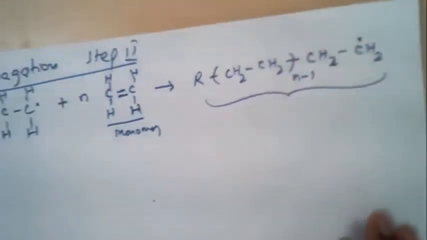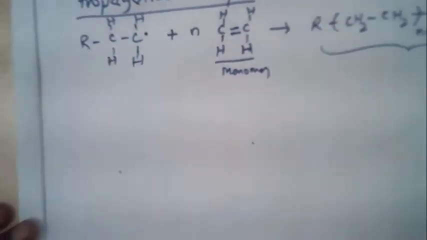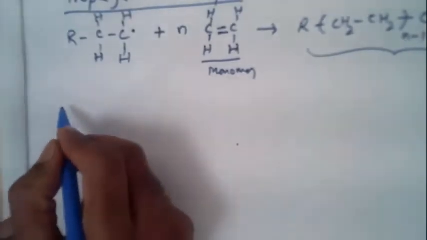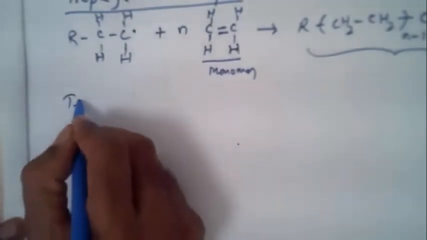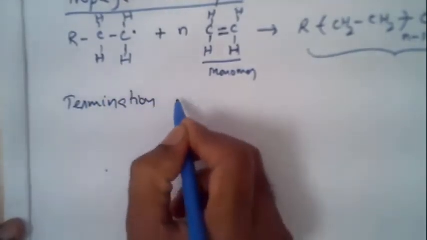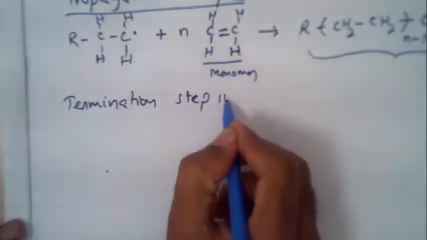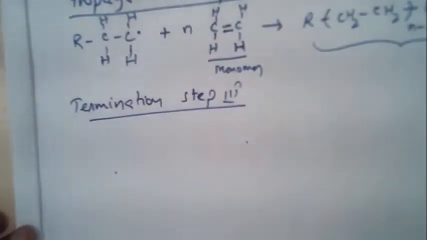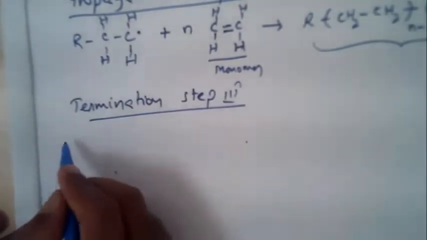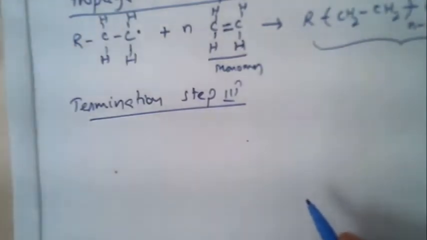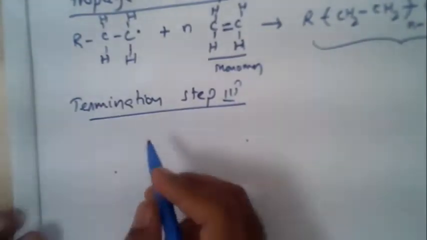It becomes inactive when it reacts with another free radical, by a step known as termination. That is step 3. Step 3 can happen in 2 ways.